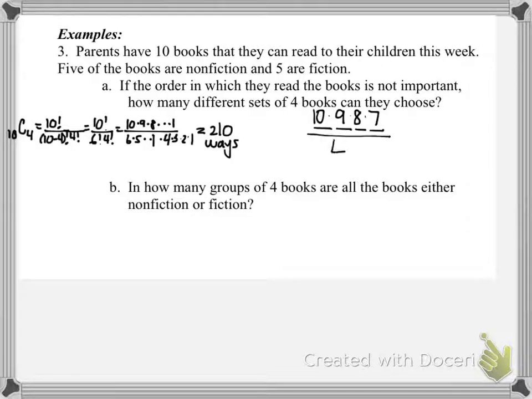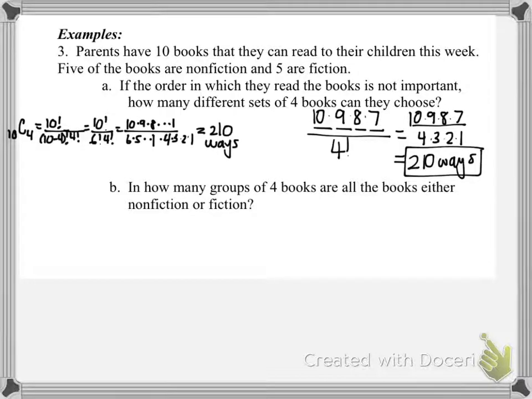So we're going to divide this by 4 factorial because there's 4 books, and we don't want to duplicate the ways that we rearrange those 4. So writing this out, it looks like this. And remember, 4 factorial is 4, 3, 2, 1. You can see you still come out with the same answer, just a little bit shorter than plugging it into the formula.